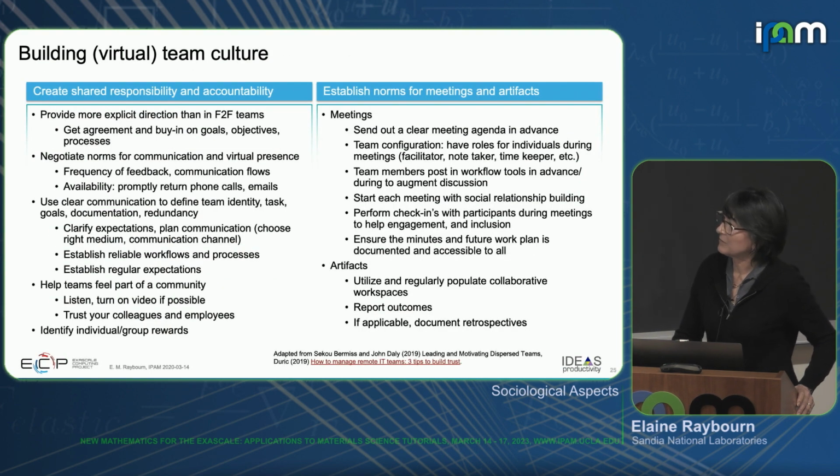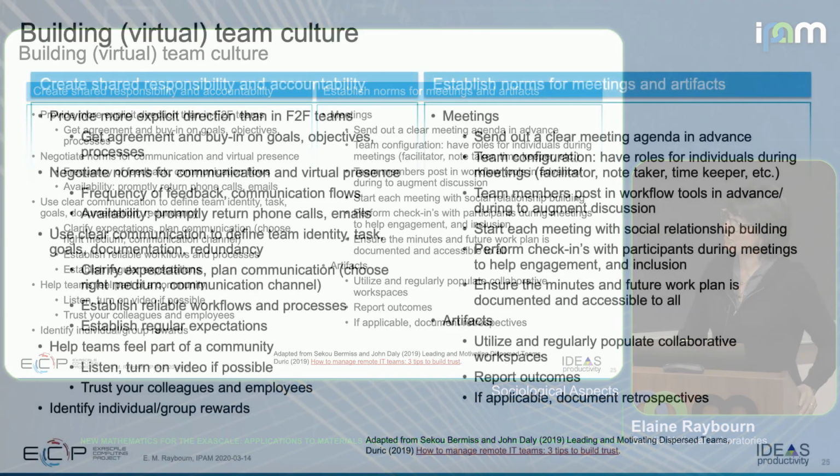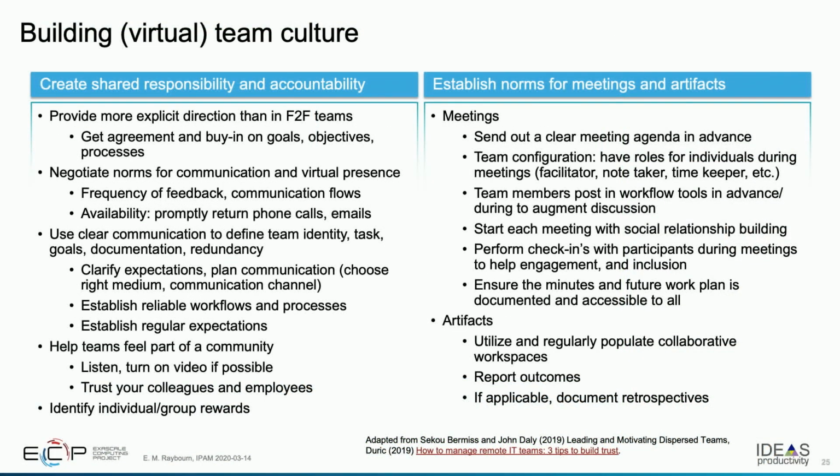And with respect to building a virtual team culture, here, if you notice, the first bullet is about explicit direction, right? We have to make the communication more formal. It must be more explicit. And the other bullet below it is negotiation. And so here, this is the development of norms and values.